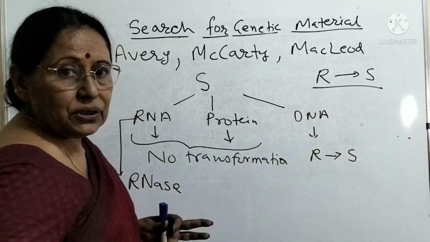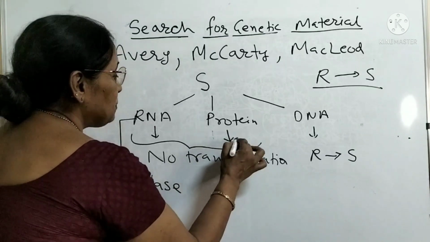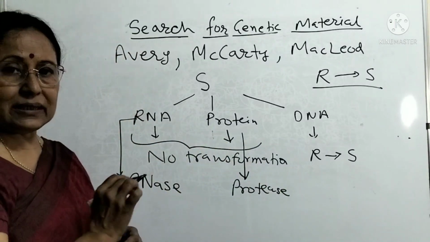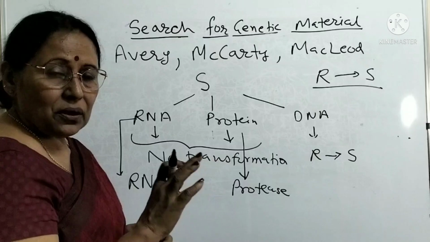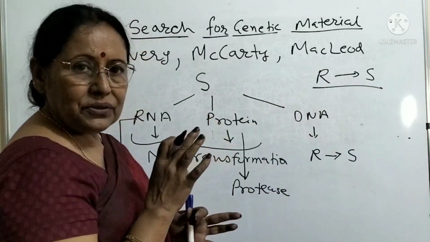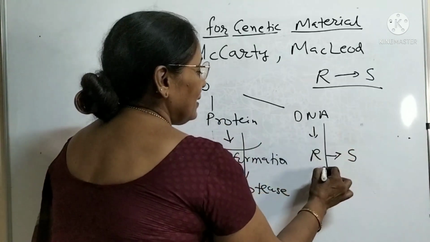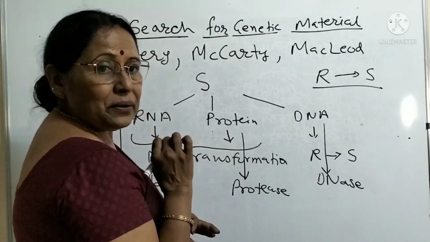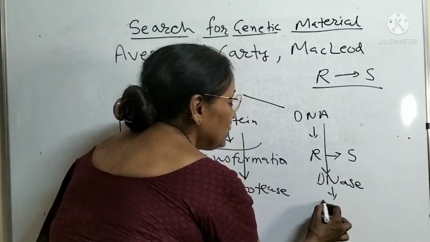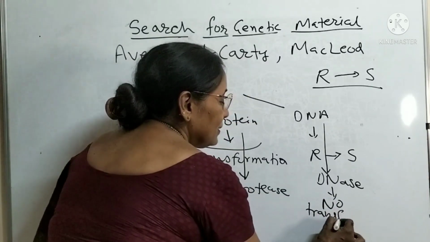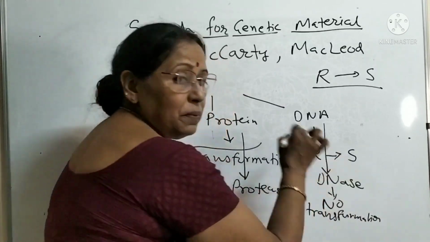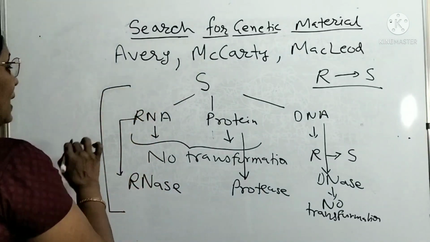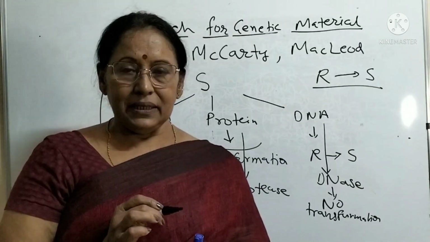The R can still change into S. Similarly, when the protein was destroyed with the help of the enzyme protease, it still had no effect on transformation and the R could still change into S. But when the DNA was destroyed with the help of the enzyme DNase, there was no transformation. The R strain could not be changed into S. So these two experiments were done by them to prove that DNA is the genetic material.